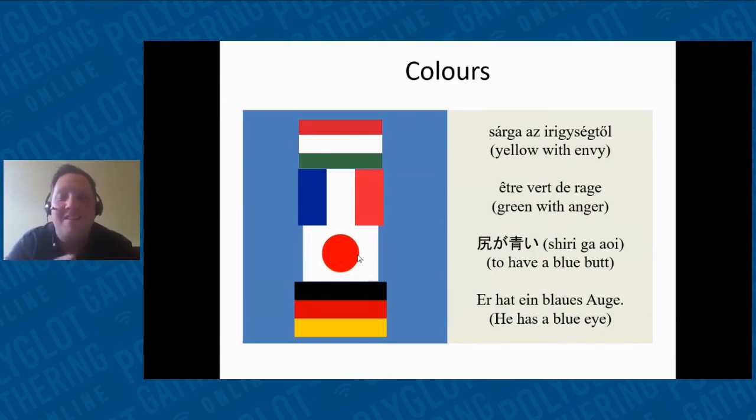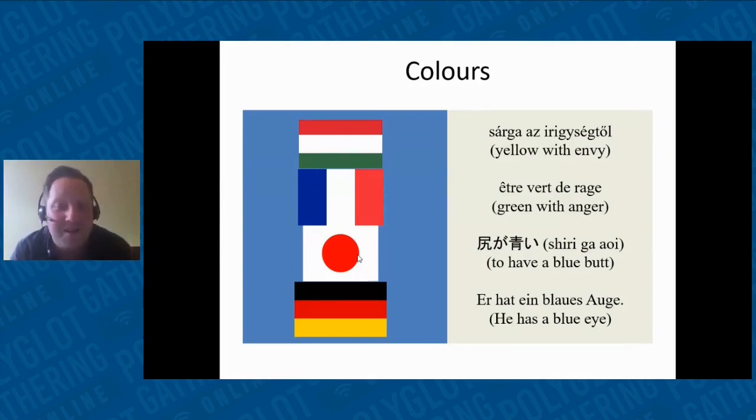If you don't know it, it's talking about inexperience. In English, we would call someone green if they're very inexperienced and don't know a lot about something or are very new to something. But in Japanese, they use this expression like it's blue, to have a blue butt. I think it connects with something to do with Mongolia. But yeah, it's interesting that where we use green, they use blue.